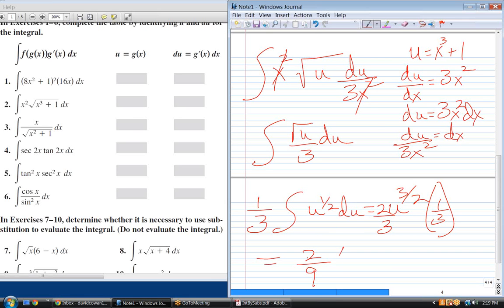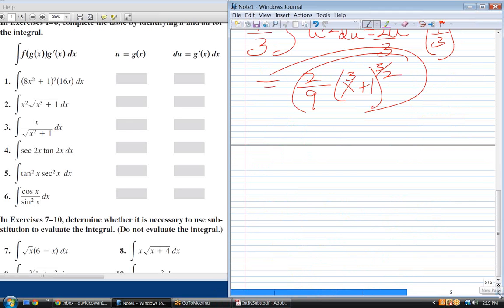In other words, we go back and reverse substitute. And there's your answer. Same pattern every single time. Okay? Let's have you do it on the next one.